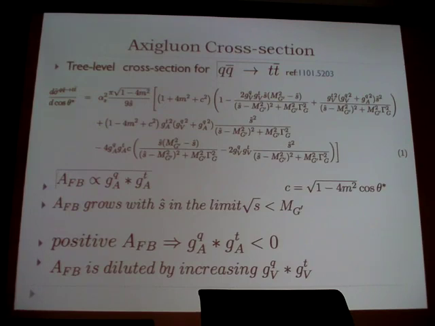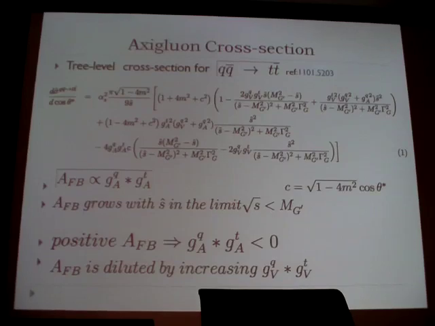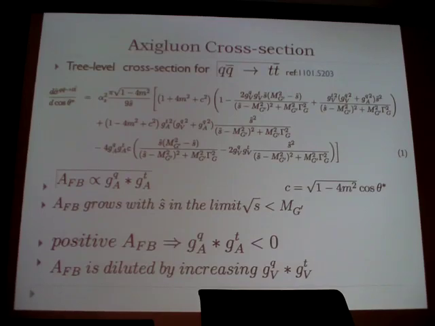Because the propagator of the standard model is just 1 over q squared, and the propagator of the Axigluon is 1 over q squared minus the Axigluon mass squared, which is smaller than 0. This propagator is smaller than 0, this is larger than 0, so there is a relative sign between these two amplitudes.